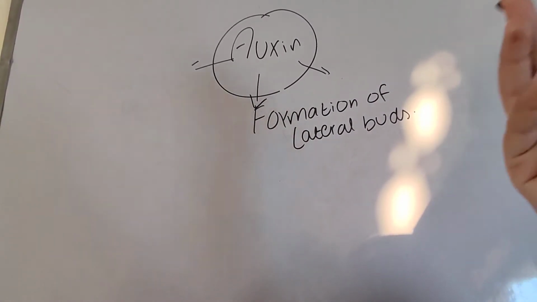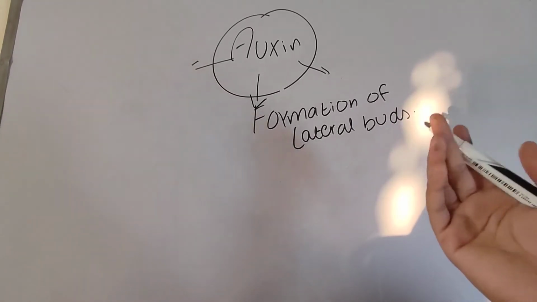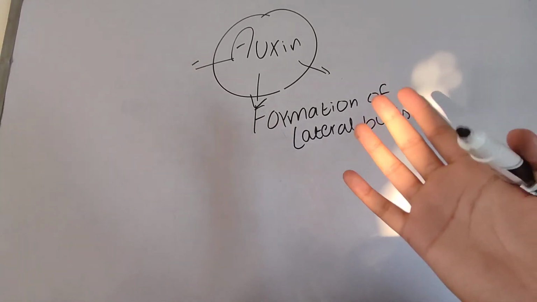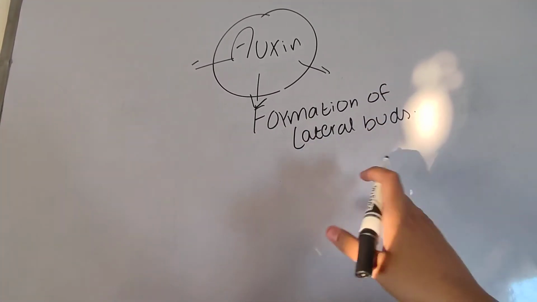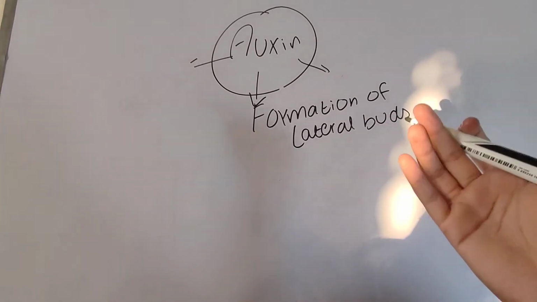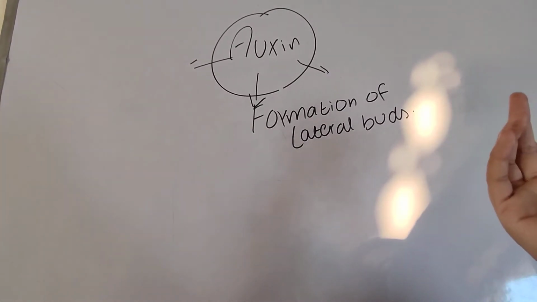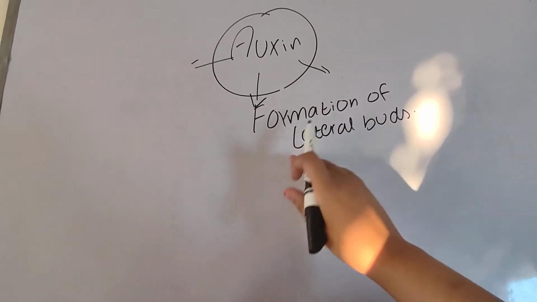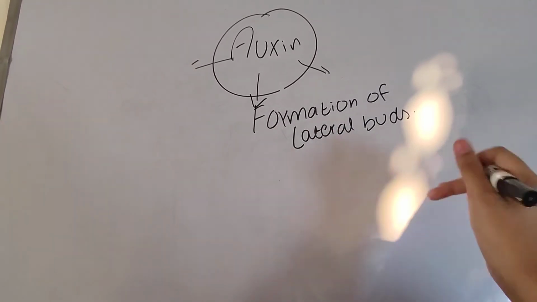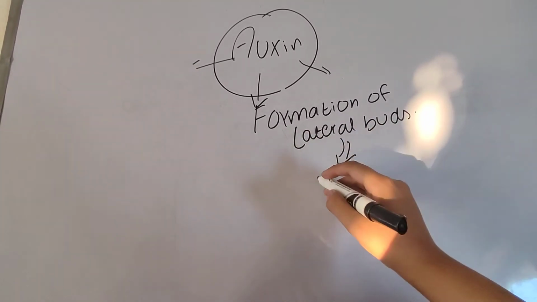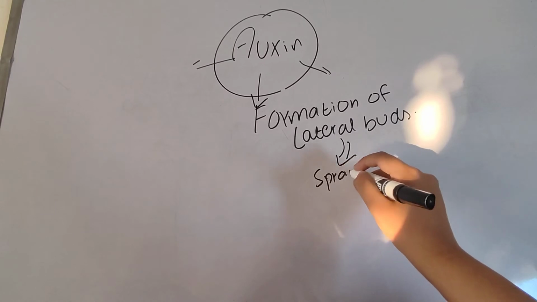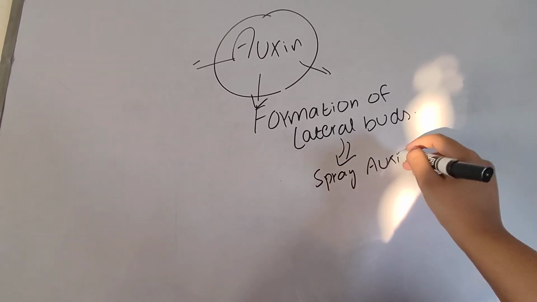But what about the lateral buds? Are we supposed to leave them as they are? No, lateral buds should also increase their size, and because of that we spray auxin onto them.